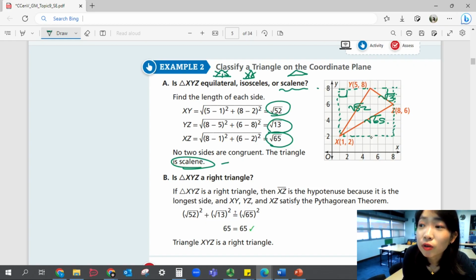And so you plug these numbers into the Pythagorean theorem and check if they are equal to each other, right? That square plus that square, is that equal to the longest side squared? And if they're equal to each other, which they are, then yes, the triangle is a right triangle. So use the Pythagorean theorem to check and justify the right triangle.